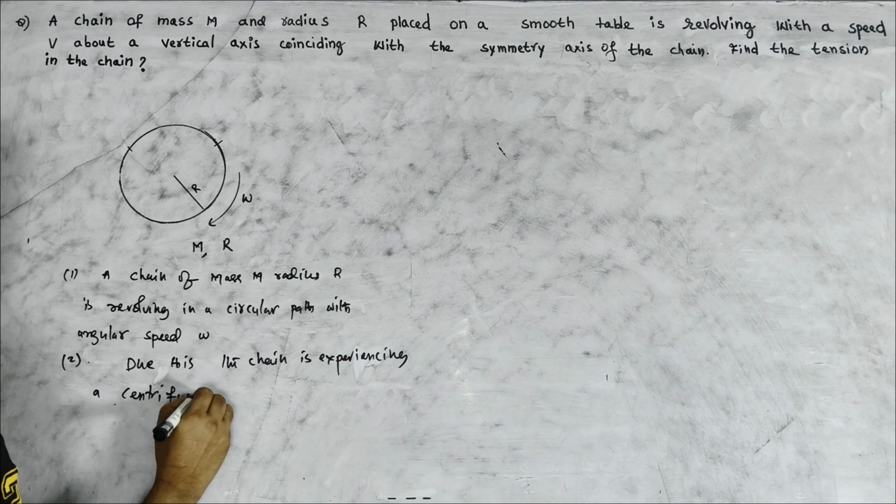And the elemental part of the chain is experiencing centrifugal force that is denoted with Fc radially outward, and it is given by Fc is equal to dm v square by r.